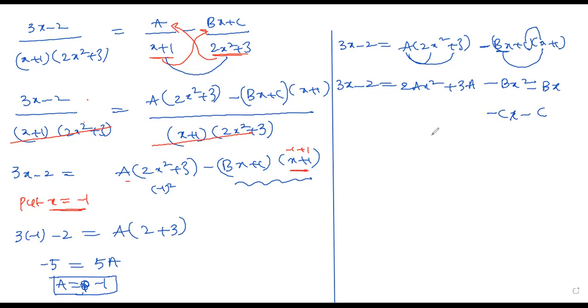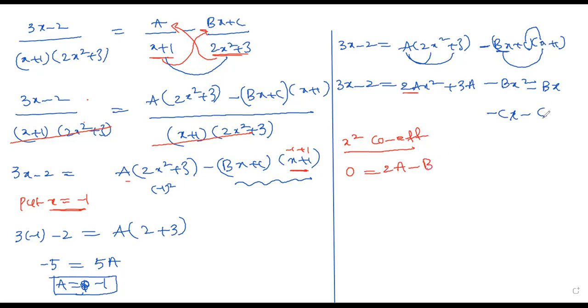Now let's compare the coefficients. I'm writing the x square coefficient first. On the LHS there is no x square term, that's why 0 is equal to, here only 2a is the x square coefficient, and here minus b is the x square coefficient.